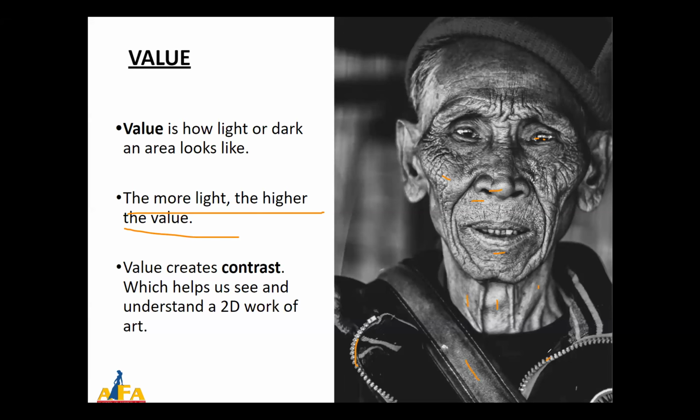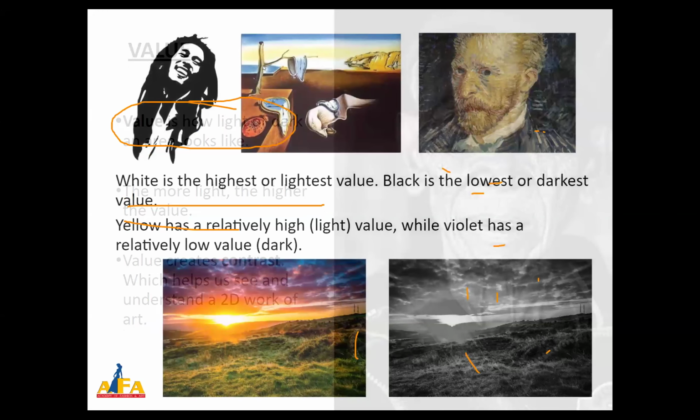Will it be of any use? Or if we add so much light that no depth areas are visible, and we cannot see any 3D structure, is it of any use? No. So value means how light and dark an area looks, which adds value to that artwork. Did you understand, class?